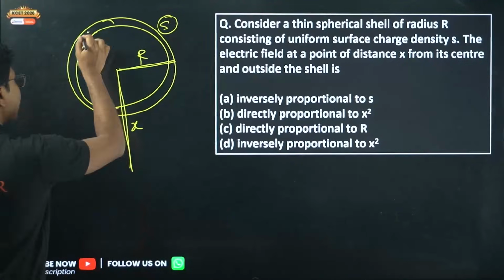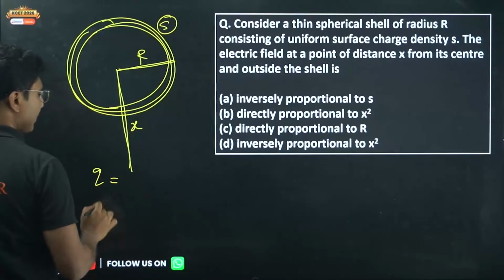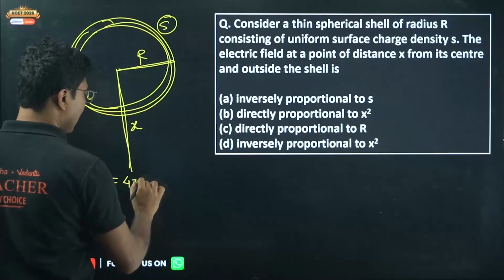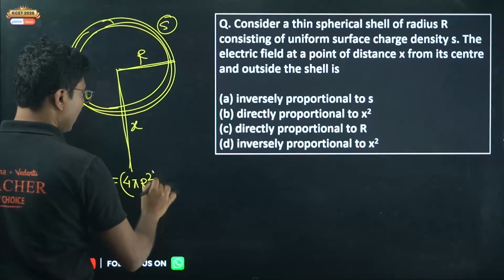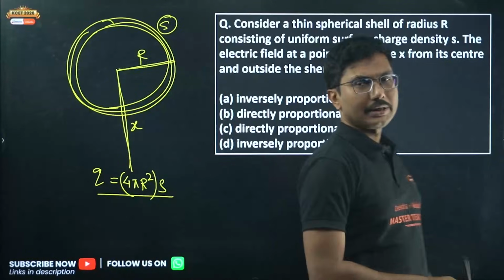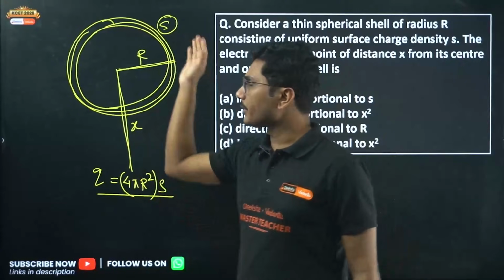So what is the total charge on this surface? Total charge on the surface is given by the surface area, that is 4 pi capital R square, times the charge density S. This is the total charge on the surface.